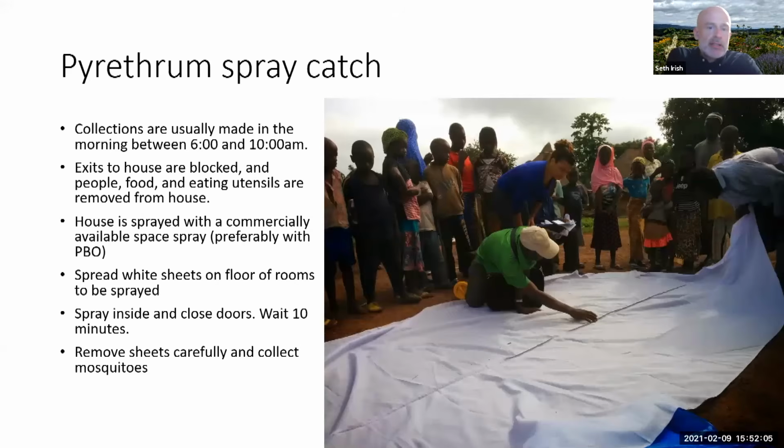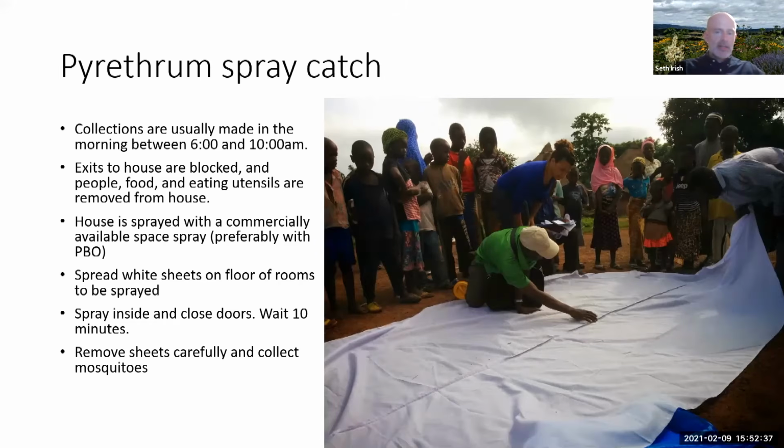The pyrethrum spray catch is often a misnomer because it was originally done using the insecticide pyrethrum. Most of the time now, it's done using a commercial pyrethroid that's easily available on the market. The way you do this collection is that you go to people who have allowed you to use their house, usually between 6 and 10 o'clock in the morning.